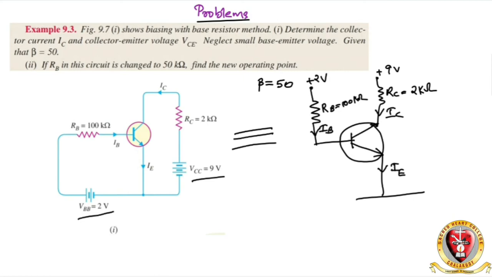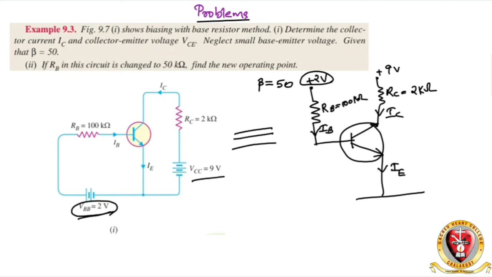In this figure, it is clear that biasing is provided by this battery. So here the biasing battery is included in the circuit, which is VBB equal to 2 volt in the base circuit, and it is separate from the battery used in the output circuit. So there are two different power supplies or biasing batteries used in the circuit.